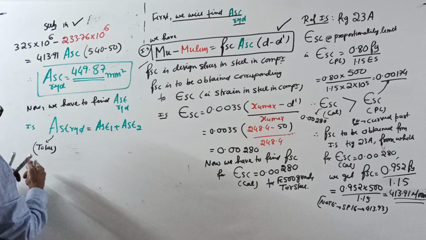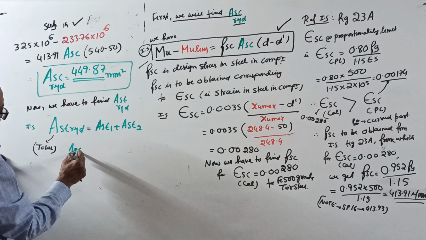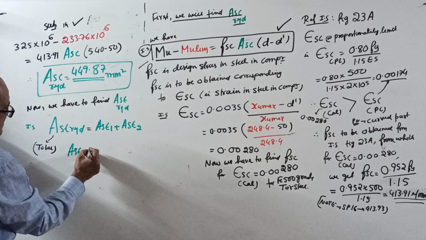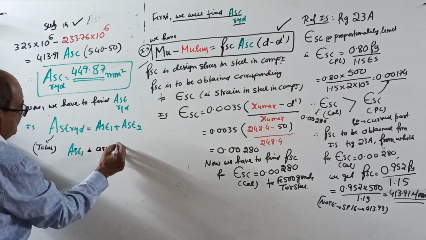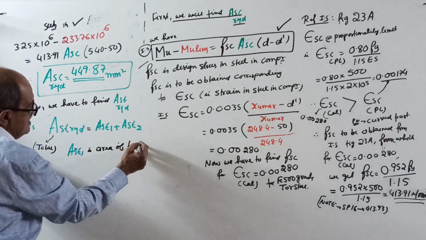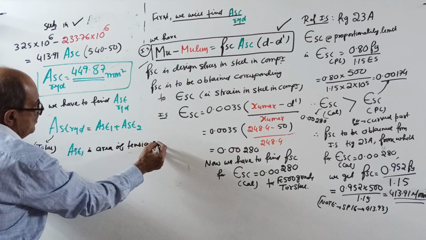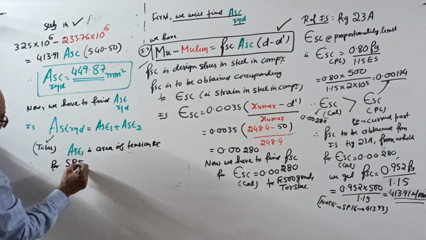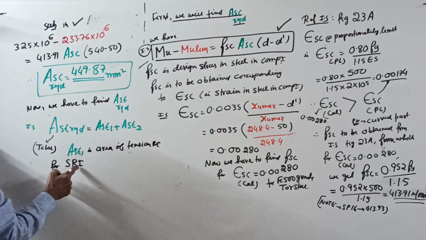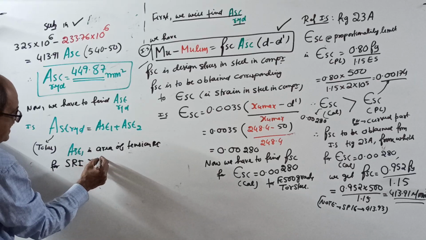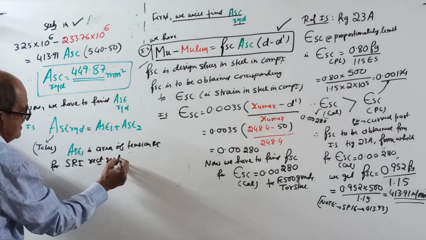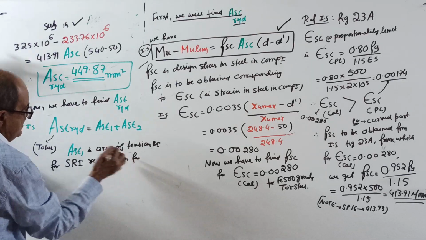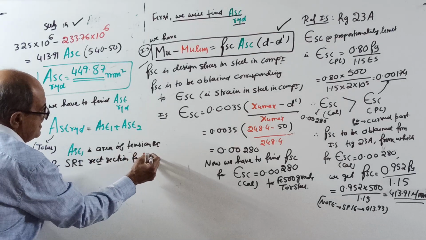What is AST1? AST1 is the area of tension reinforcement for a singly reinforced rectangular section for Mu limit.